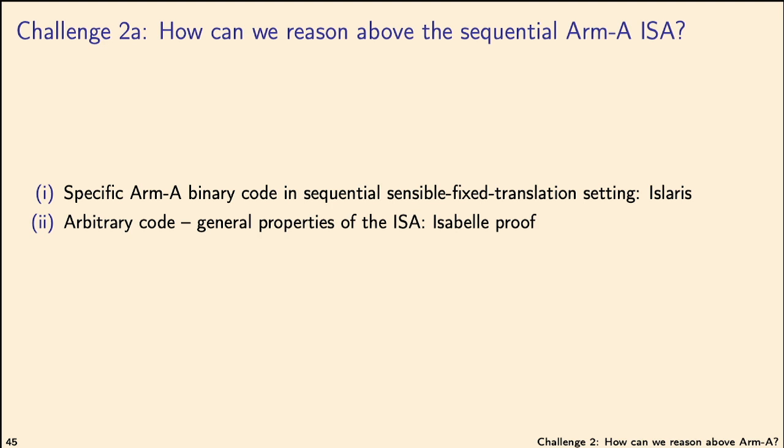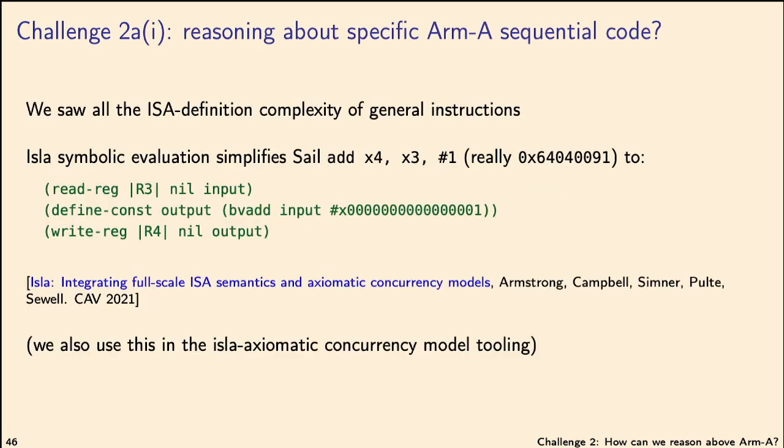So Michael Samler and Angus Hammond, I think neither of whom are here, came up with this scheme, which we call Islaris, a couple of years ago. And there are two ideas here.